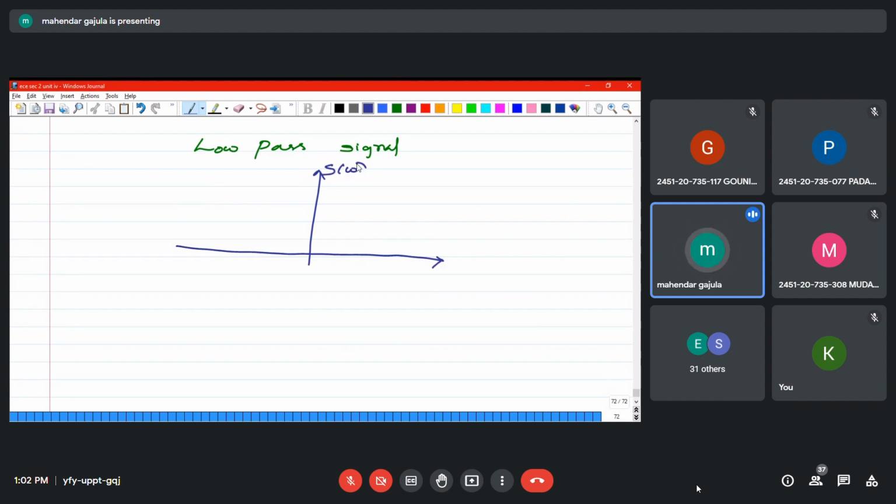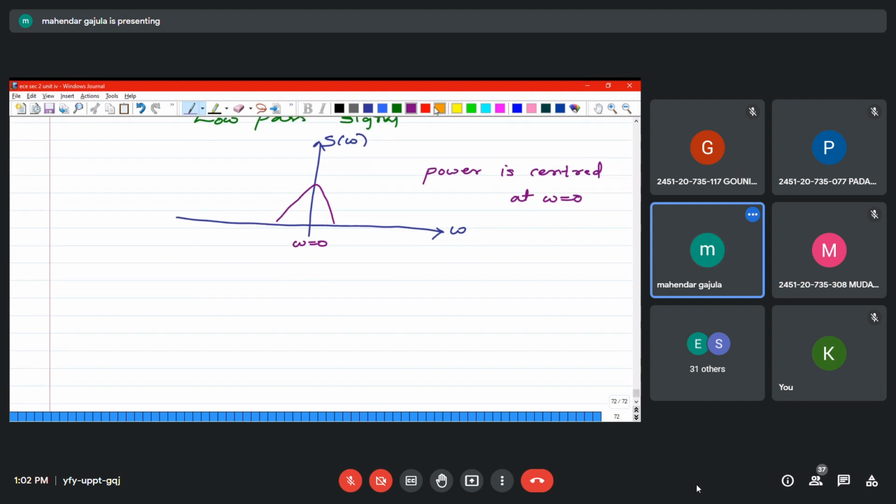Y axis is S(ω), x axis is ω. The power is centered at ω equal to 0. Whenever a signal has its power at ω equal to 0, that signal is called a low pass signal.